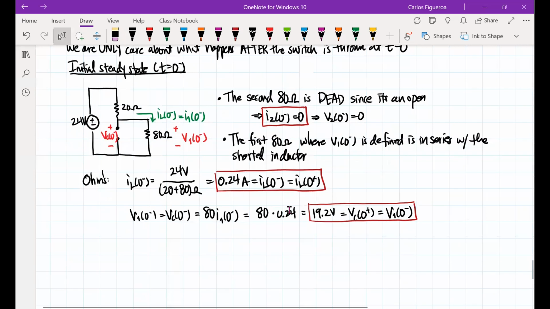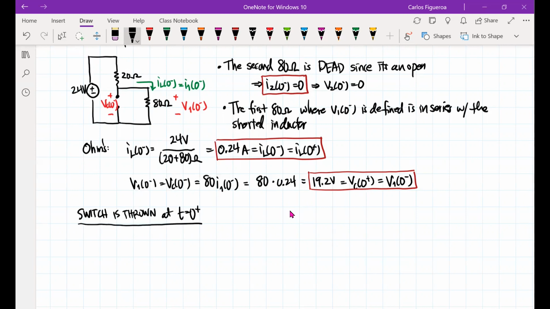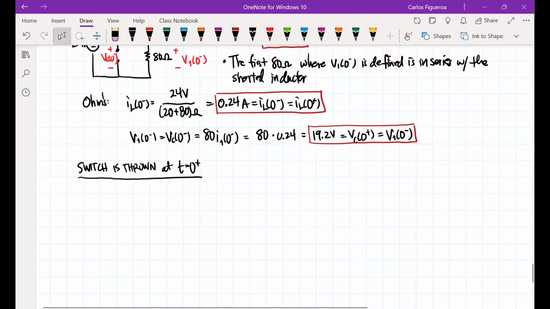So now what happens here is that the switch is thrown at t equal to 0 plus. So here's what we know about our circuit.